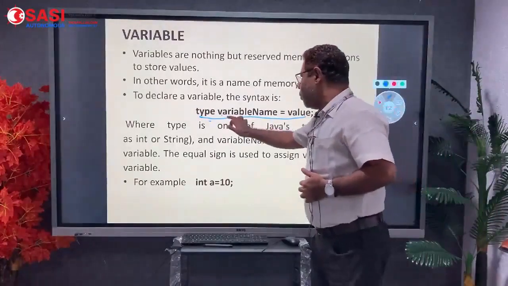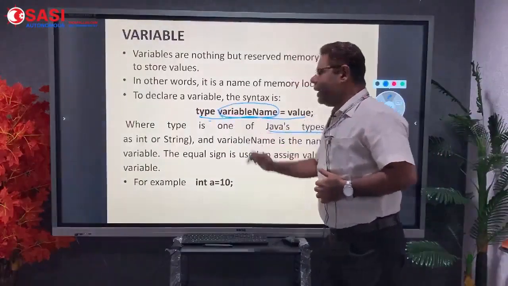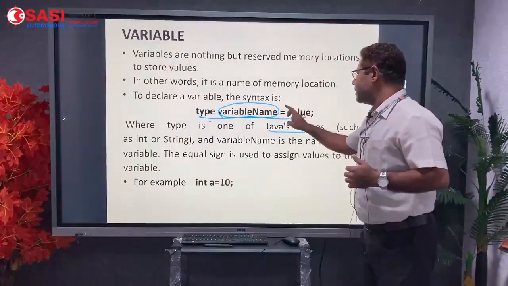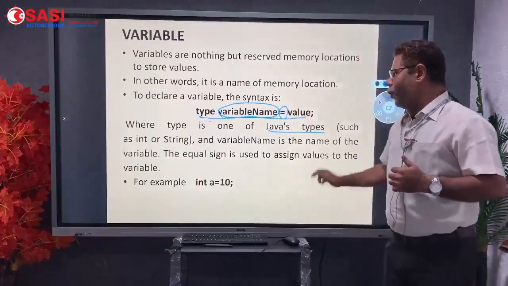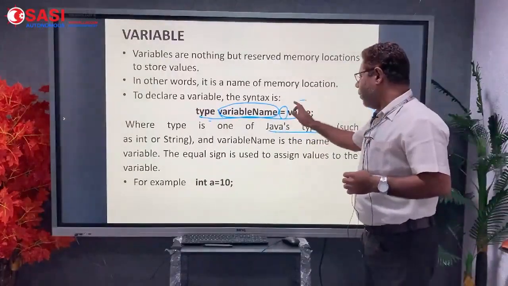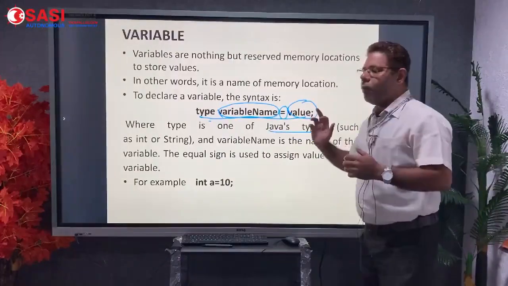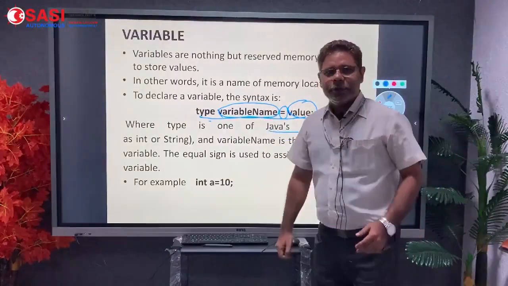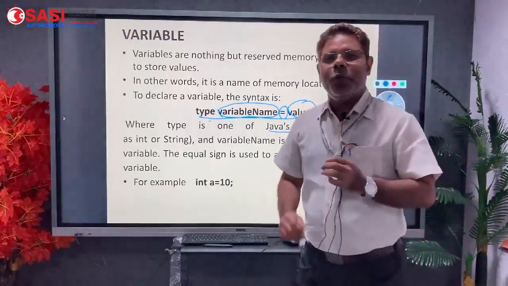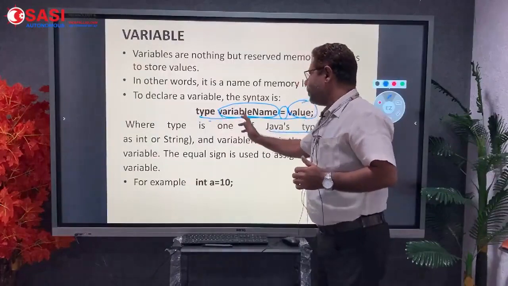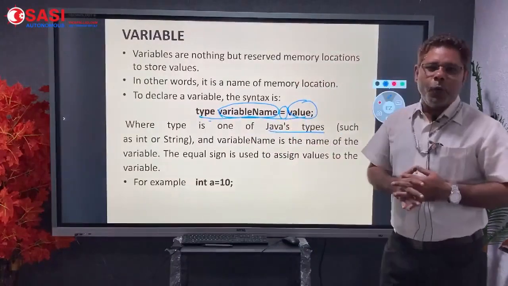The variable name specifies the name of the variable, and equal to specifies the value assigned to the variable name. Next, the value specifies what value is moved to the variable name. So to declare a variable in Java, the syntax is type variable name equal to value.